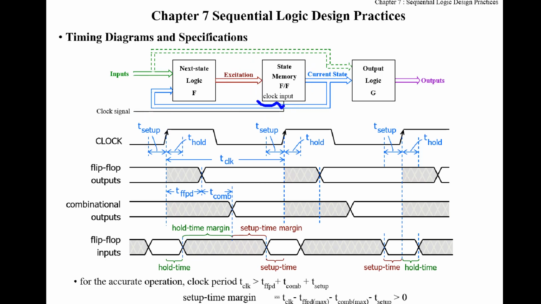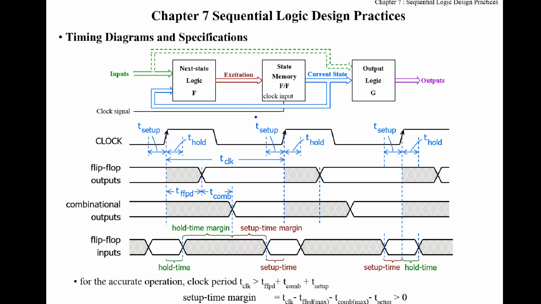And of course, when the clock ticks, the input of the flip-flop or excitation signal should be constant. Namely, before the clock tick by the setup time and after the clock tick by the hold time, the input of the flip-flop should be constant.